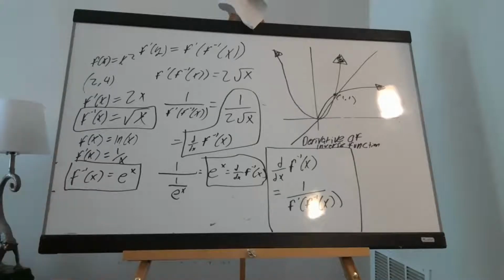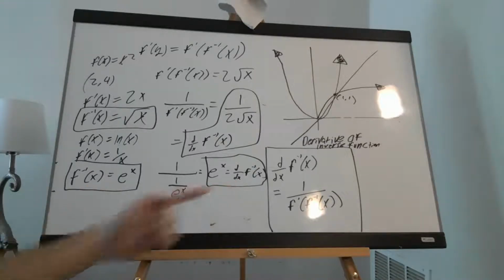Okay, where was I? The reason that logarithmic differentiation is special is because the inverse of the function is e to the x. And as we all know, the derivative of e to the x is quite simply just e to the x.